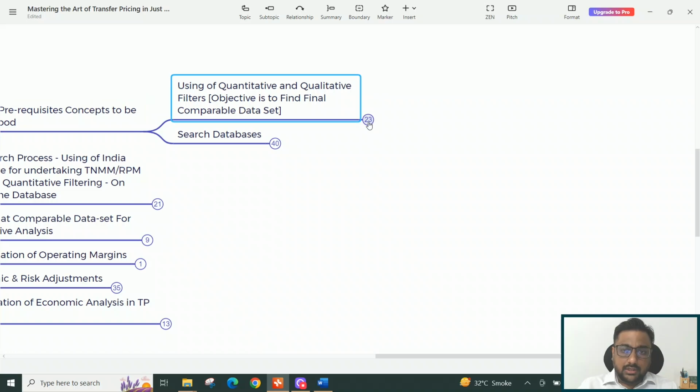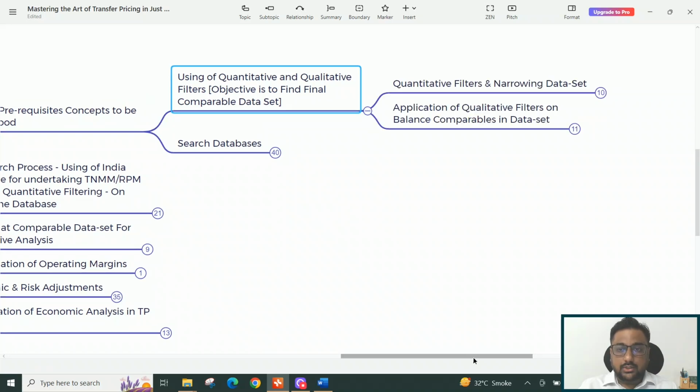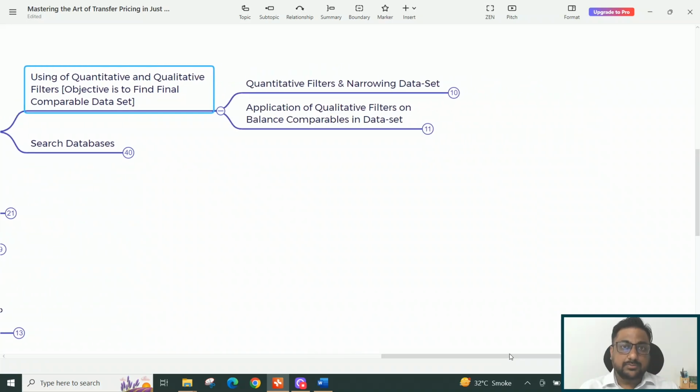As you can see here, there are two types of filters, right? With filters we are basically refining that entire list of companies, with the objective that we should get, not exactly but broadly, the companies which can be compared to a taxpayer assessee or to the tested party. That is the purpose of applying this filter. Now there are two types of filter.